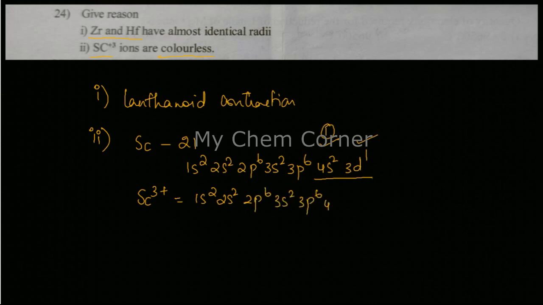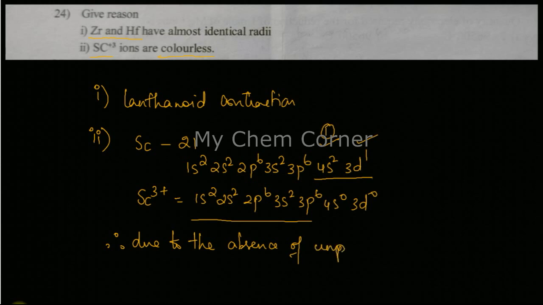This will be 4s0, because 2 electrons will move out and you need to form 3+. So one more will move out from the 3d orbital. So it will become 3d0 also. Now if you see, all these are filled up. They don't have any unpaired electrons. Therefore, this one is due to the absence of unpaired electron.